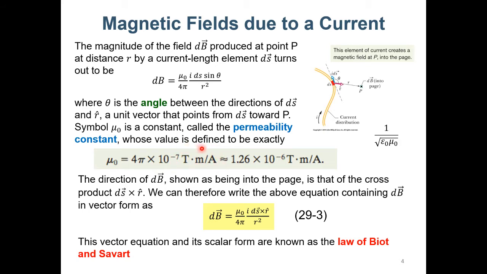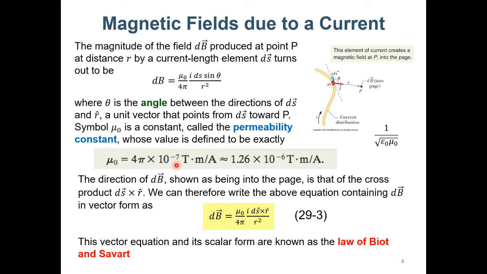Actually, I don't really remember the SI unit. Usually it will be provided to you, but 4 pi times 10 to minus 7 is an easy number to remember, because the 4 pi can be cancelled, so mu0 over 4 pi would be 10 to minus 7.